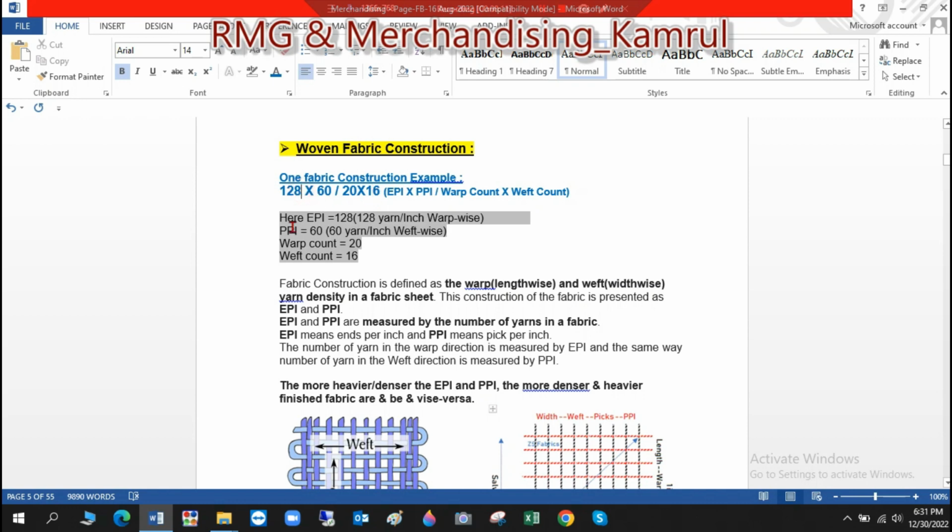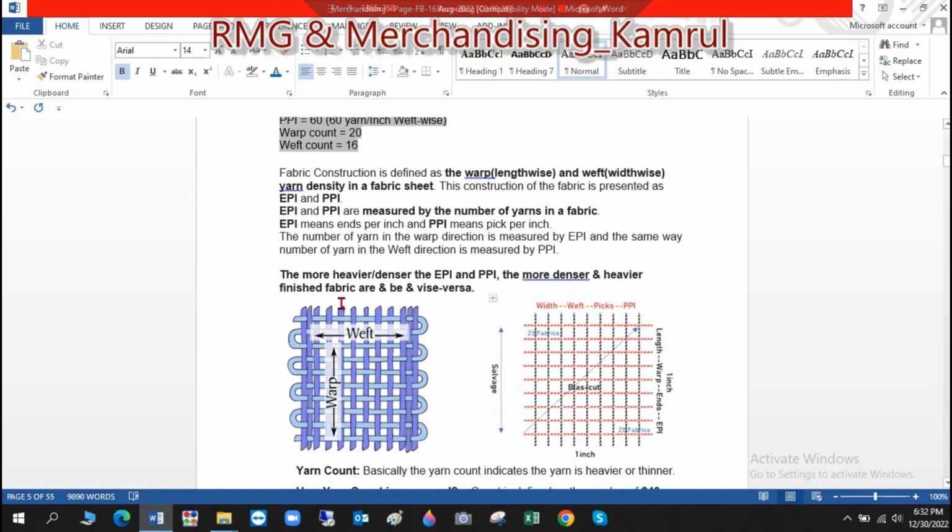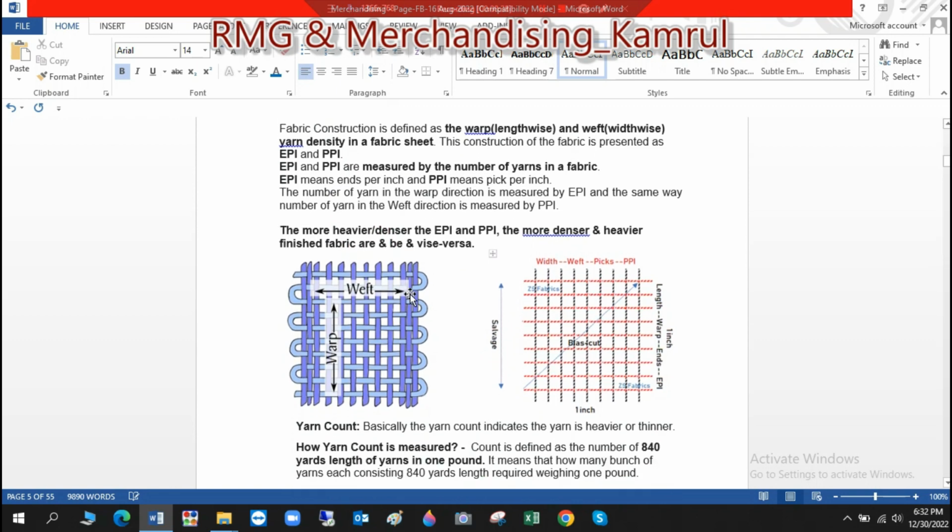And this 128, in 1 inch there would be more yarn. I mean, if it's 128 yarns in 1 inch, then with 40 count, in 1 inch there will be more yarns. So that actually depends on whether the yarn is heavier or denser, and the construction will happen this way.